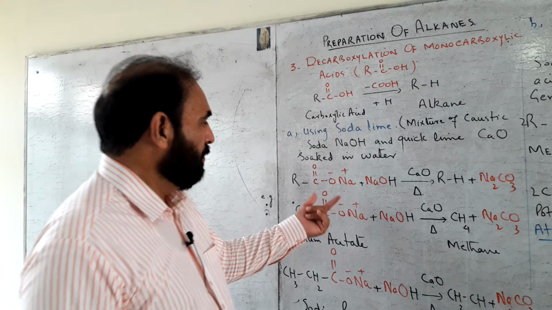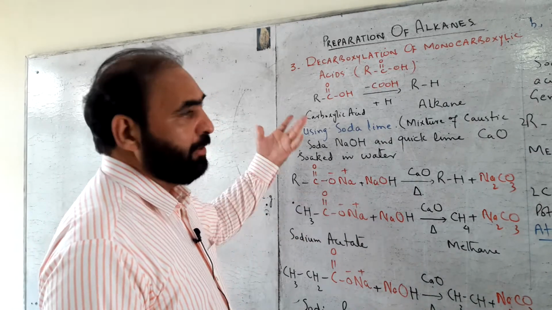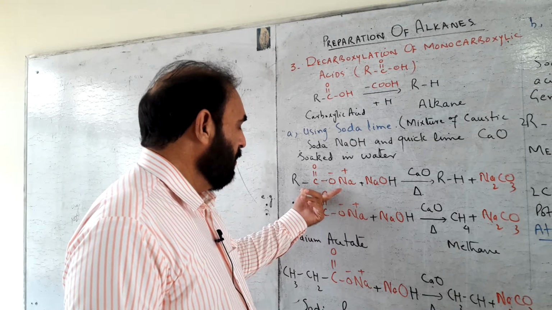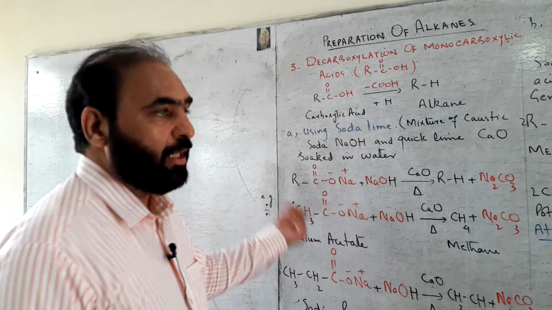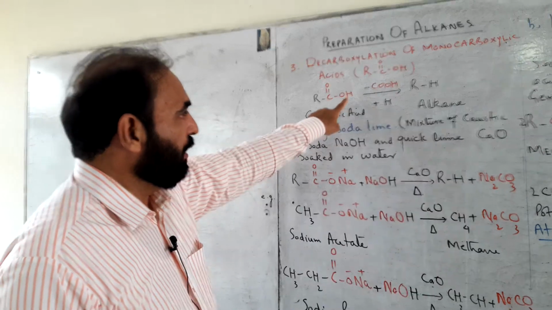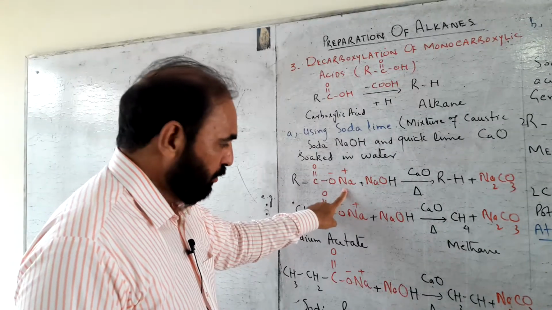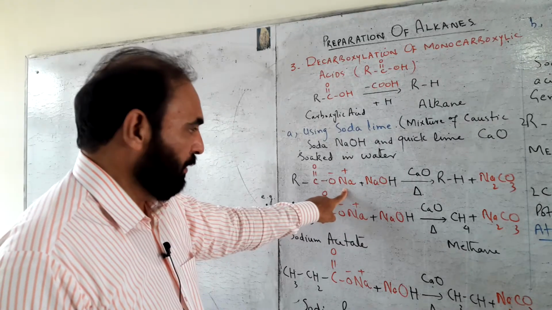So when we make a salt of an acid, we replace the hydrogen of the carboxyl group with a metal ion, sodium ion or potassium ion.